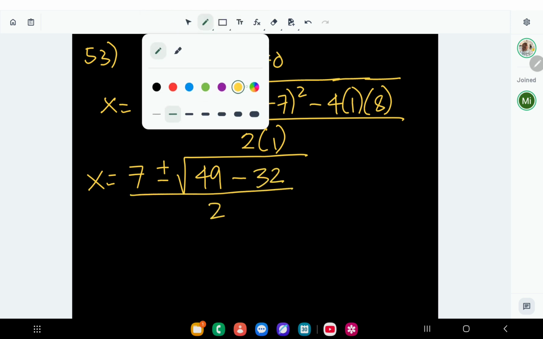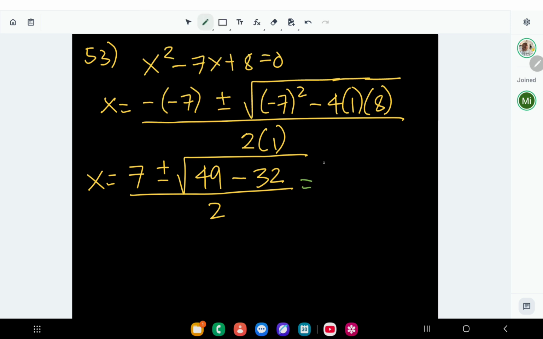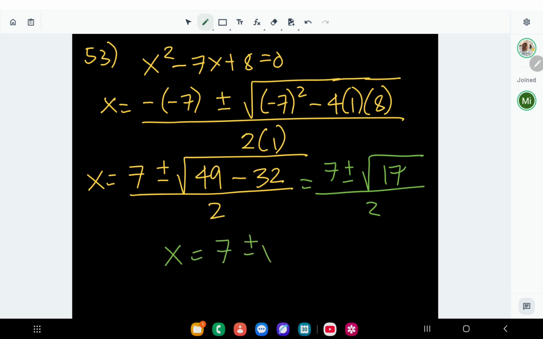So this is just 7 plus minus the square root of, what is 49 minus 32? So it's 17. Okay, so this is now the value of x. X is equal to 7 plus minus square root of 17 over 2.